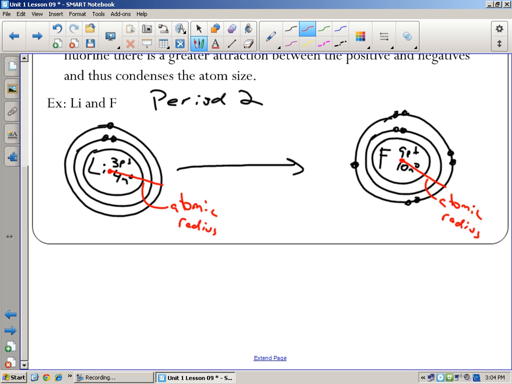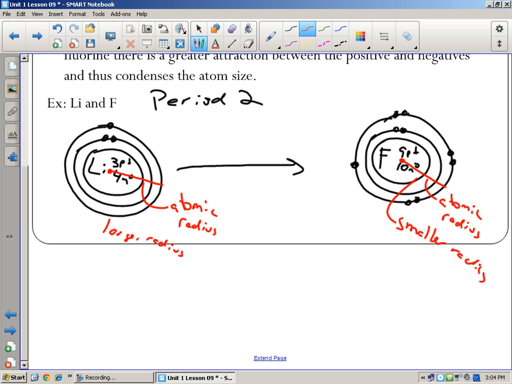If you actually compared those, what you would find is, if you look down on both of these atoms, that fluorine is actually smaller in size. So this is actually a smaller radius, and this is a larger radius here.